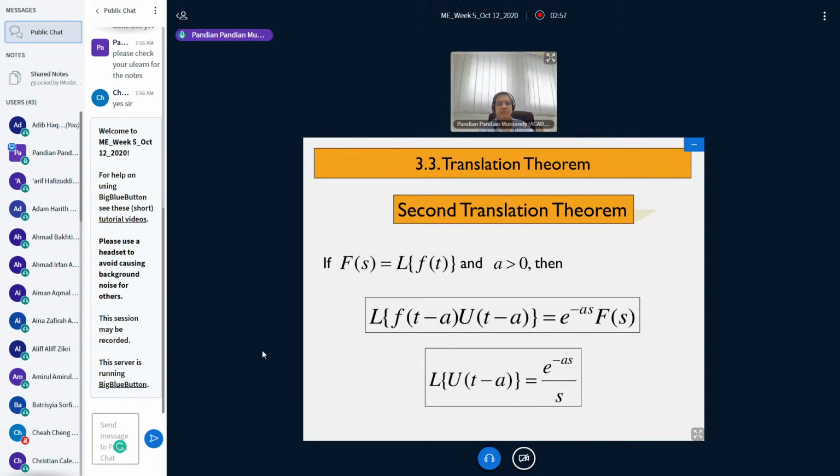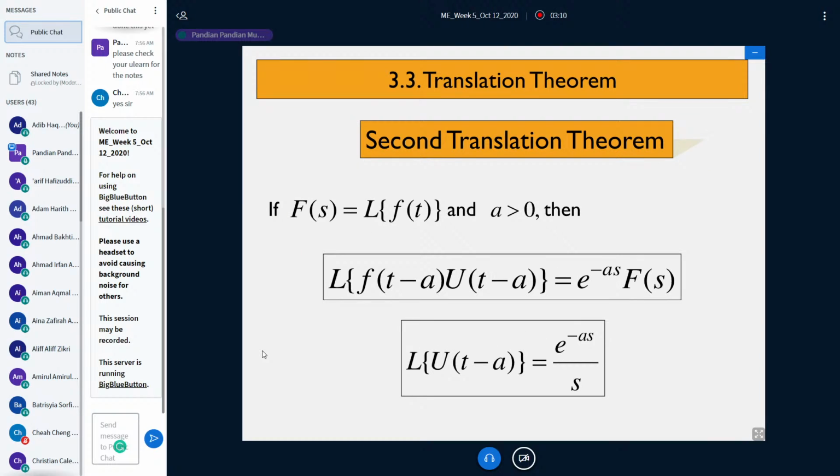Now, what is Laplace? You know, Laplace of f(t) is F(s). You have to refer to 3.1 and then 3.2. Now we are in 3.3. So Laplace of f(t) is capital F(s).